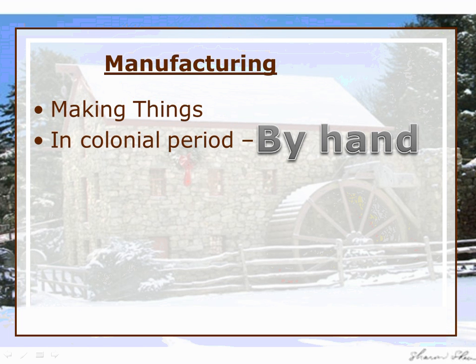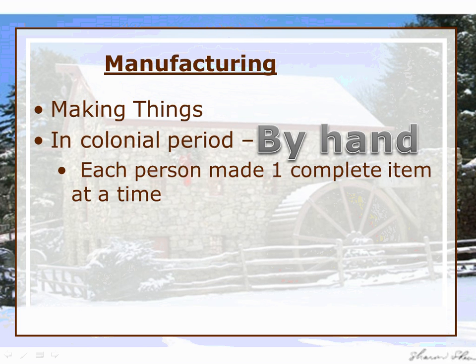By hand is the way everything was done. And let's say you wanted a wagon. You'd go to somebody to make that wagon, and that one person would make all the parts for the wagon. They would make the wheels, they would make the seat, they would make the springs, they would make all of it. Back in the colonial period, while things were made by hand, one person made an entire piece.